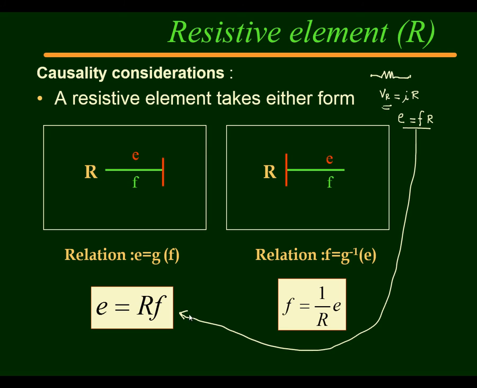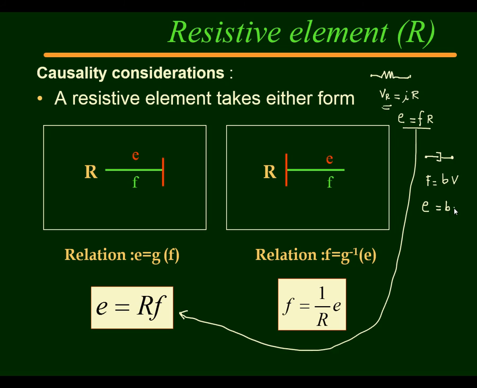So this could be true also on a mechanical system example. Let's see if we have a damper like this, where the force is equal to the constant times the velocity. And what happens here is that the force is the effort, then B is the constant here.